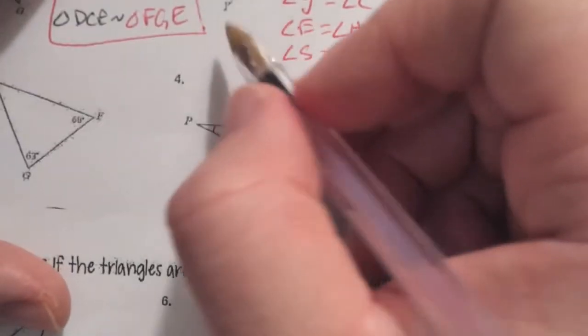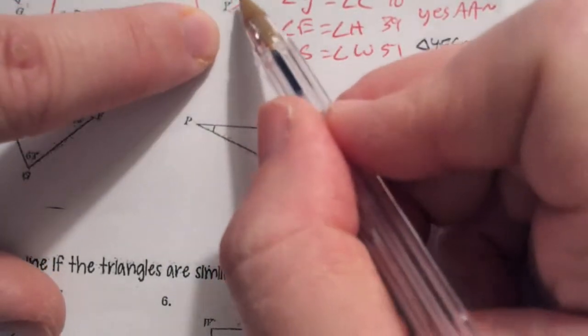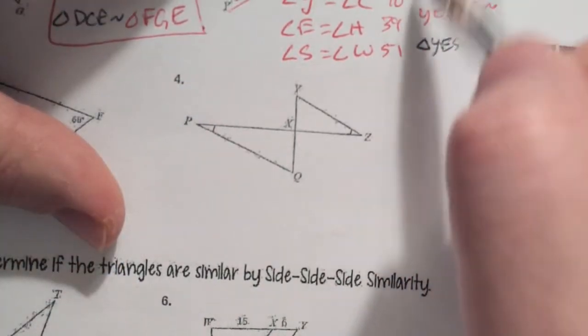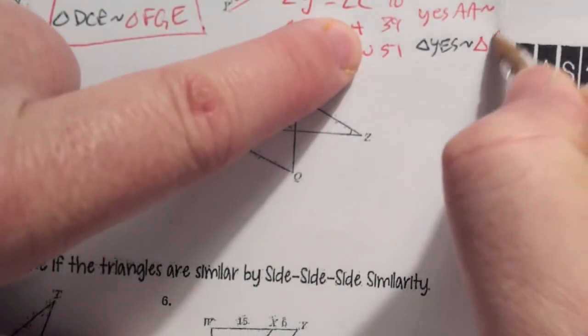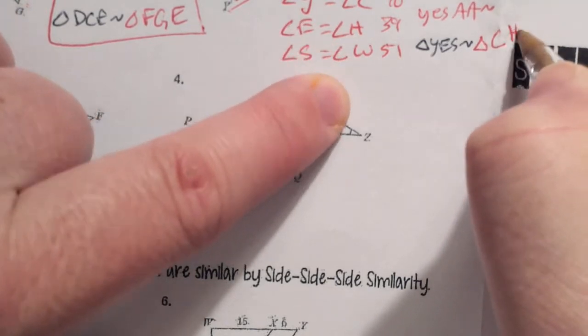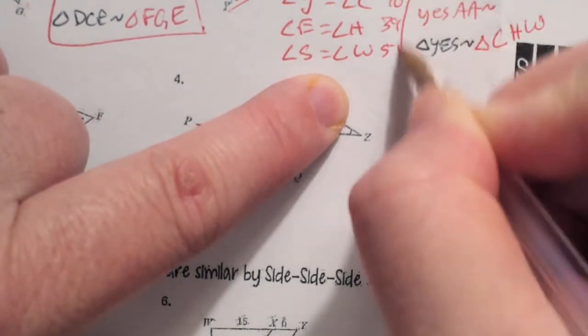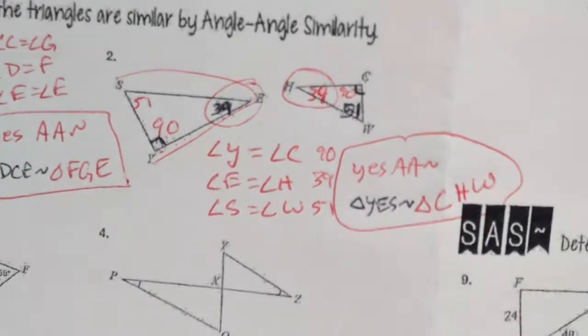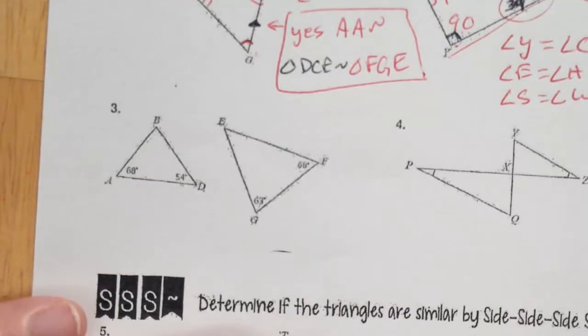Okay, so if I said YES, I went 90, 39, 51. So do the same pattern. So Y matched up with C, E matched up with H, and S matched up with W. And that would be your answer. Excellent. Okay, so number 3. All right, let's keep going.